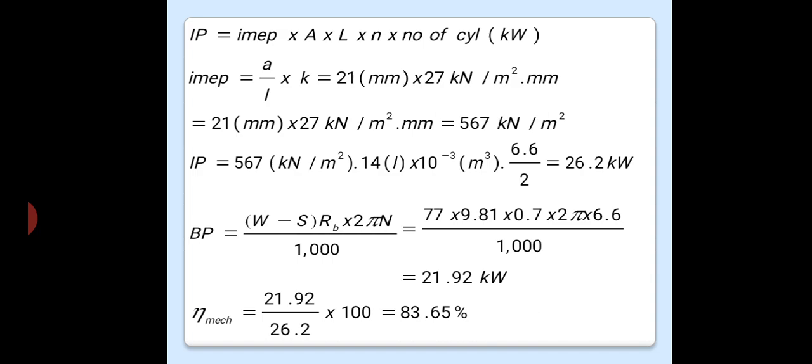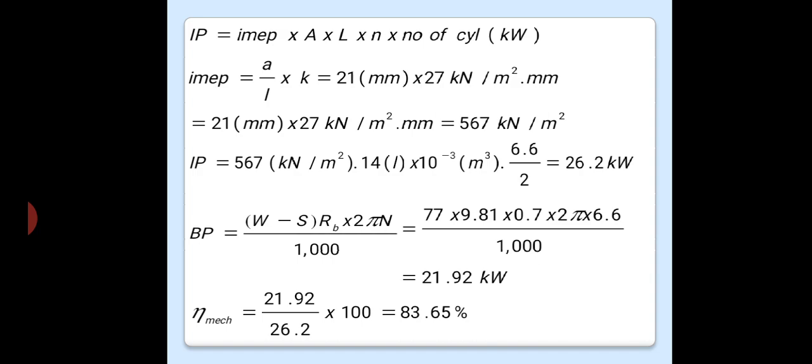In this problem, we know IMEP is equal to A by L into K. Here they have mentioned the area of indicator diagram per length, that is 21. Next, the spring stiffness they have given, 27 kilonewton per meter square per mm. Now we are going to substitute these values in the indicated mean effective pressure formula.